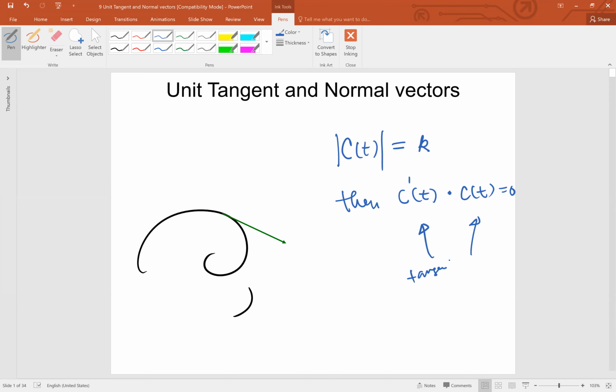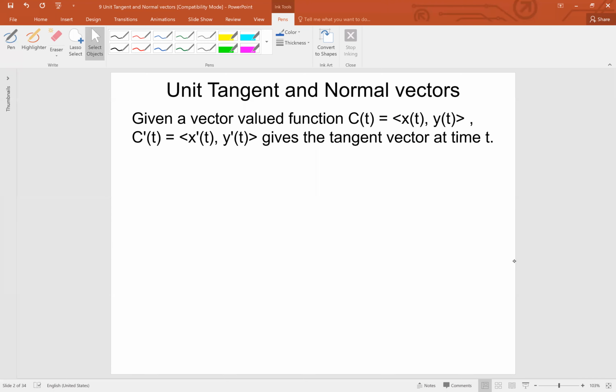So tangent perpendicular to the curve, if you like. So we're going to use that.